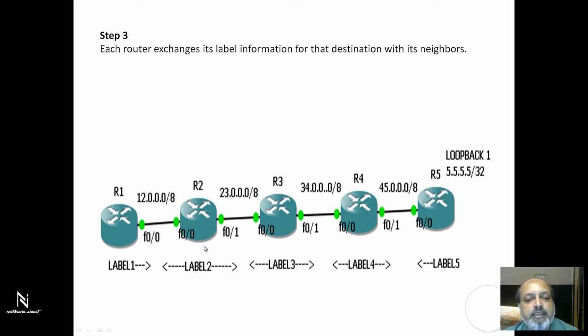It also has two labels, label 2 and label 4, from router 2 and router 4. Now it will definitely exchange this label 2 with router 4 and label 4 with router 2. That means in the second pass, they will be exchanging the labels that they have received in the first pass, and so on.